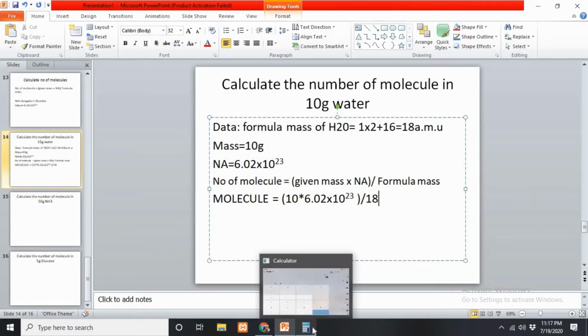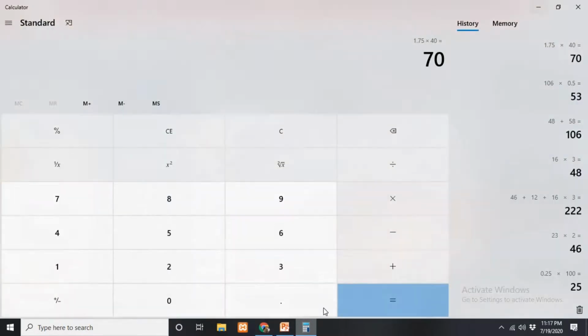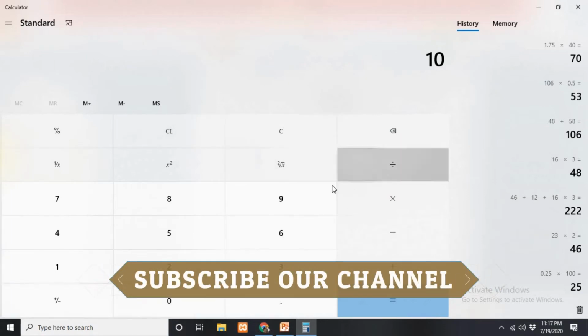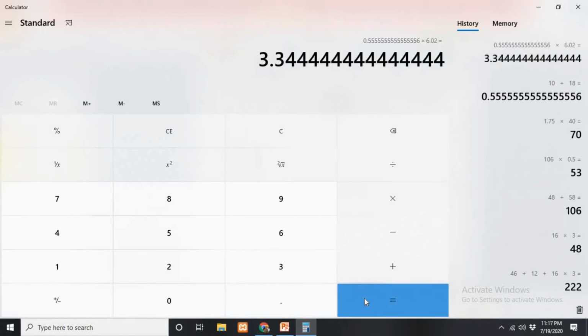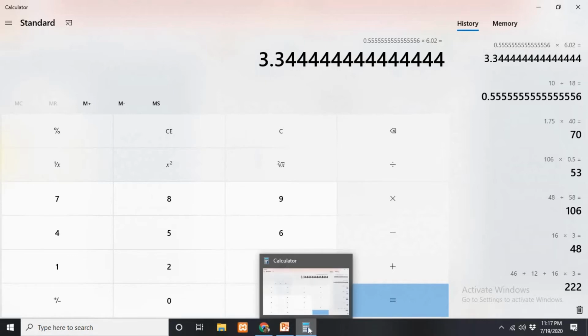Just use the calculator. The first thing that you have to do is clear the previous reading. 10 divided by 18 is equal to 0.555, multiplied by 6.02. This is the easiest way to calculate the number of molecules. And what about the exponent 23?